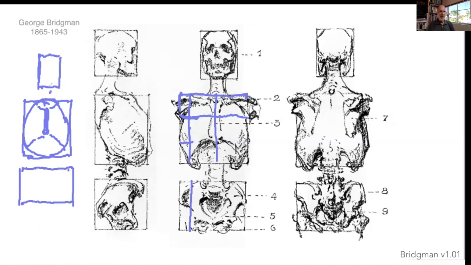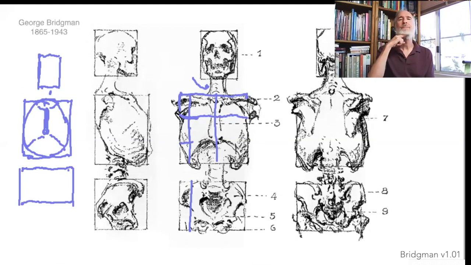Say, how about the space in between them? Hey, here's the thing about the space in between them. It changes. Go like this. It changed quite a bit. Go like that. It changed quite a bit.